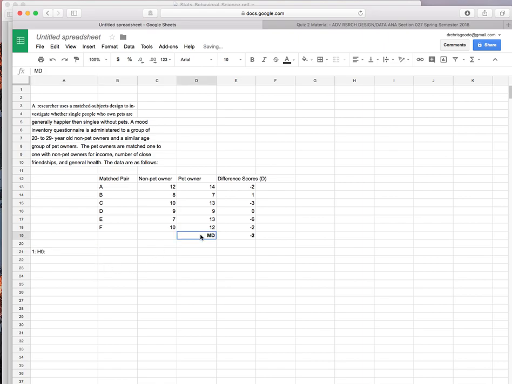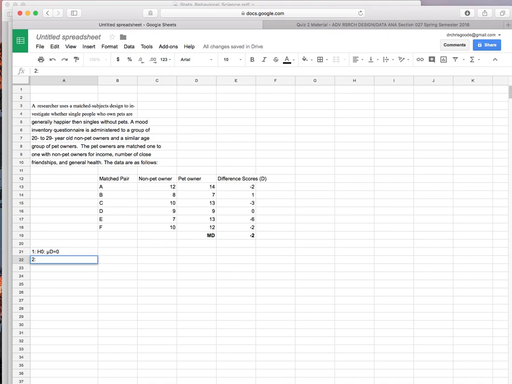We have a sample mean difference score, which is big M sub big D. But what we're interested in is the hypothetical population mean difference score, mu sub D. And we hypothesize that if there's no difference between these two groups, that population mean difference score is going to be 0.